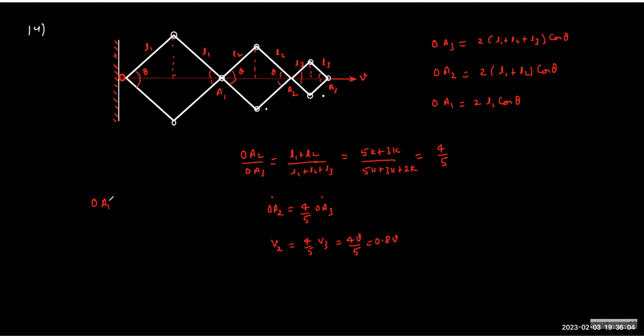So OA1 is L1 by (L1 plus L2 plus L3) times OA3. So OA1 turns out to be 5k by 10k. So V1 is basically V by 2. Am I right? Do you realize this?